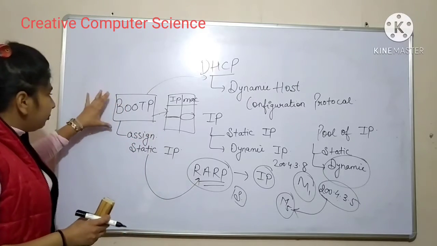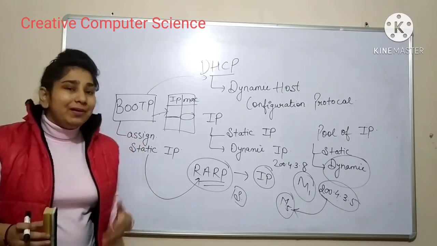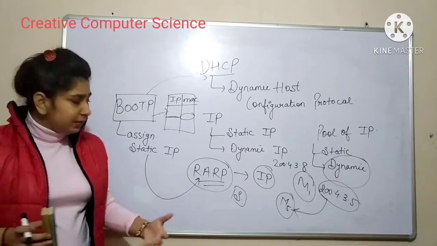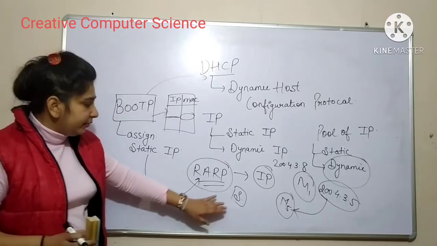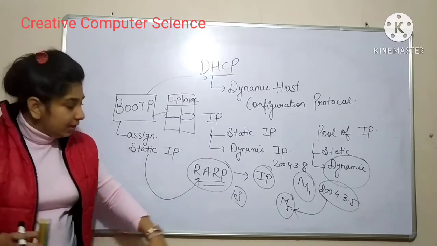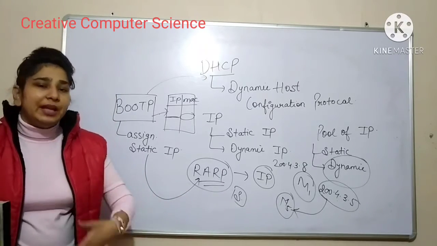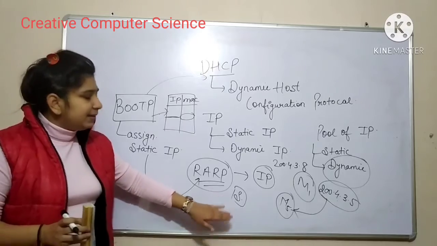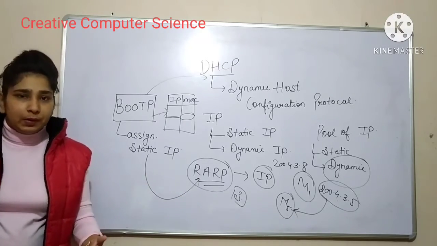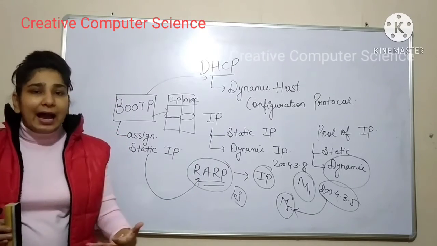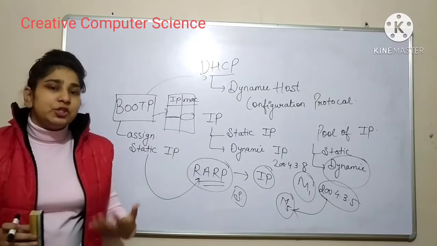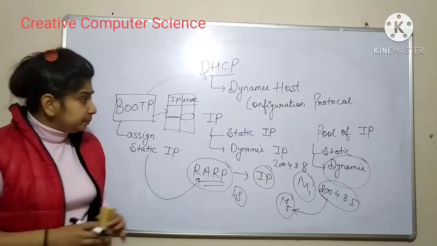In BOOTP, we were reserving one IP address for one machine, so that IP address is fixed for this machine whether it is connected to the network or not. But in DHCP we assign IP addresses to the machine dynamically.